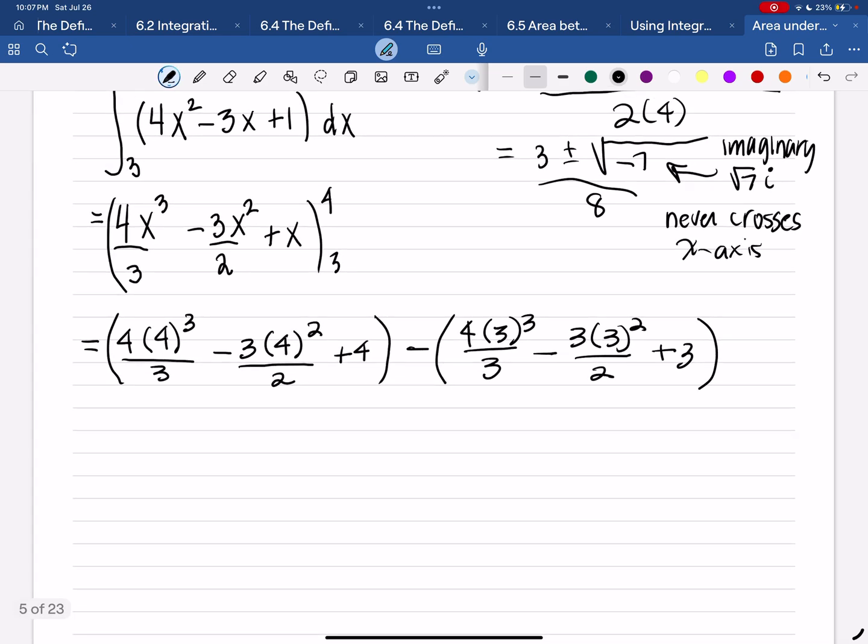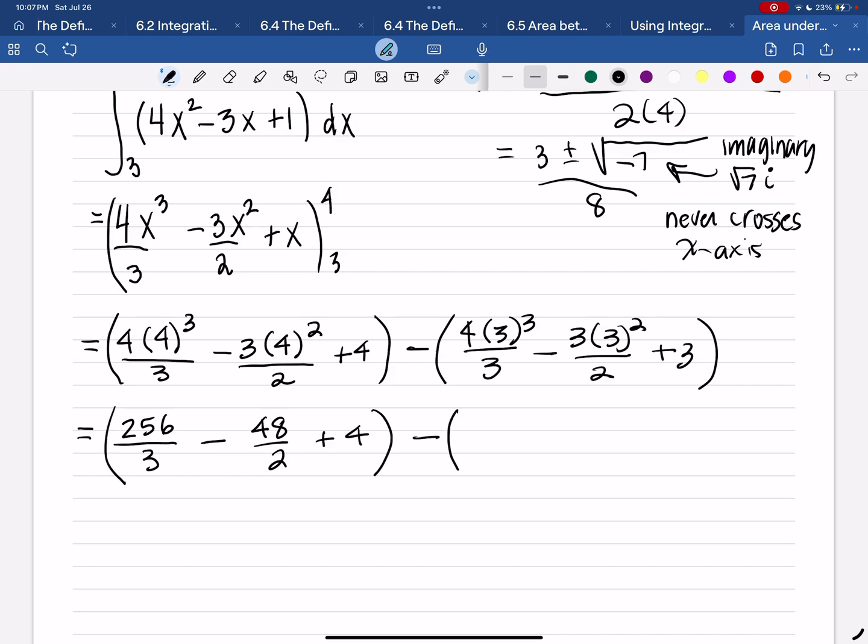So I'm going to go ahead and do a little bit preliminarily and then use my calculator at the very end. So 4 times 4 cubed is going to be 4 times 64, which is 256 over 3, minus 3 times 4 squared, 3 times 16, 48 over 2, plus 4.